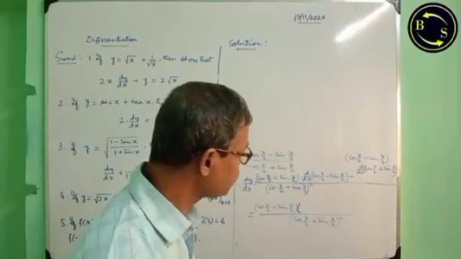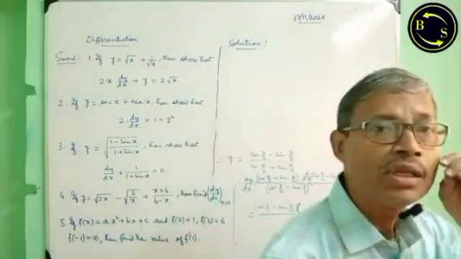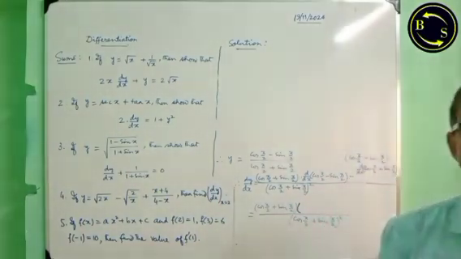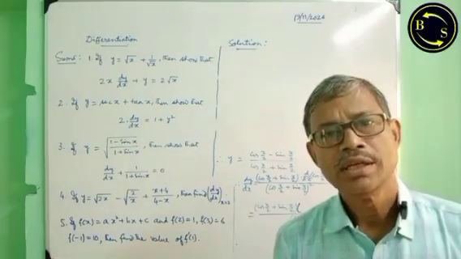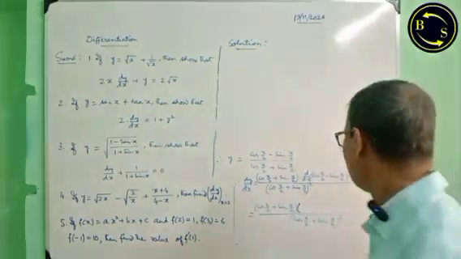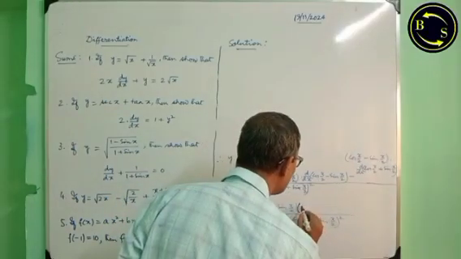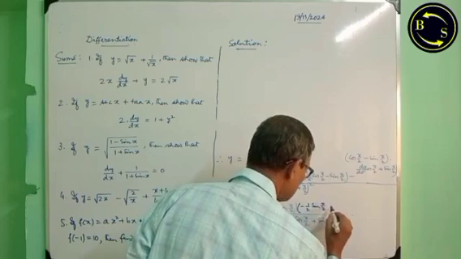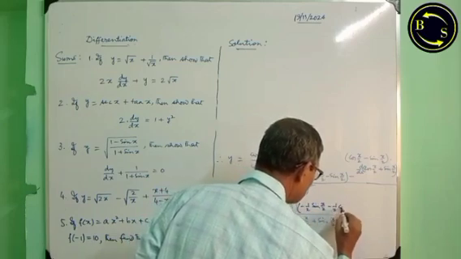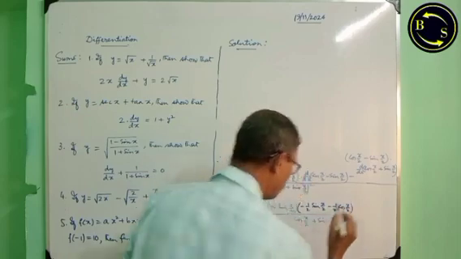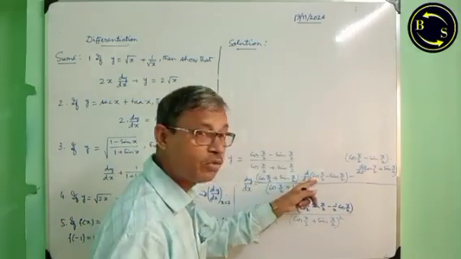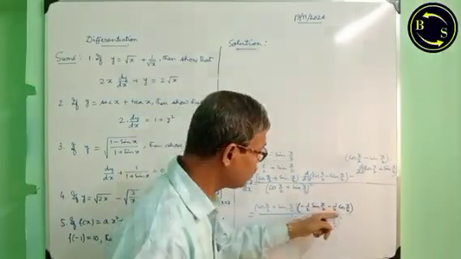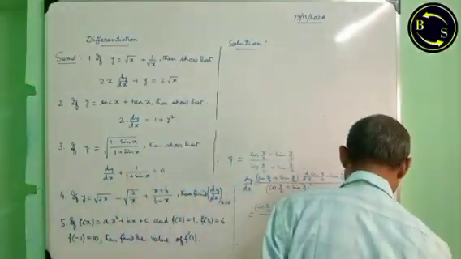In the earlier class, I have deduced the derivative of sin mx, which is m cos mx, and the derivative of cos mx, which is minus sin mx into m. So it will be minus half sin x by 2 minus half cos x by 2. Cos x by 2 means cos half into x. Here m is half. Therefore, this will be the derivative.